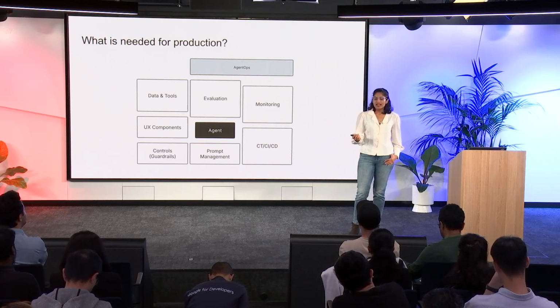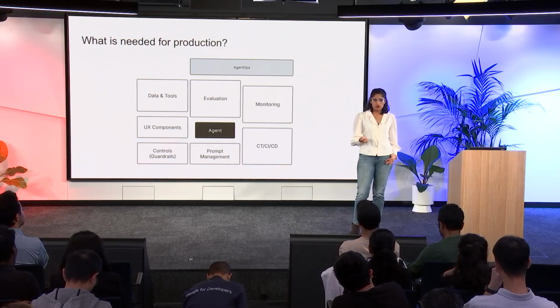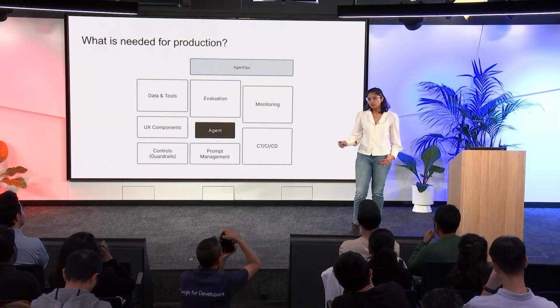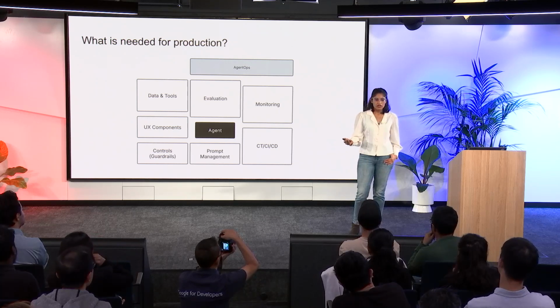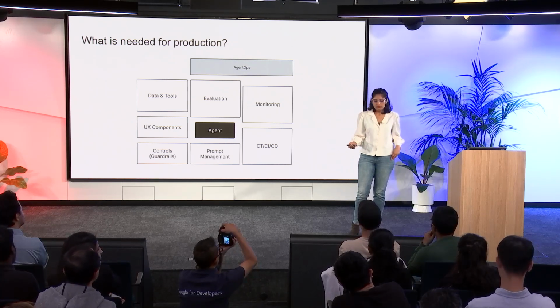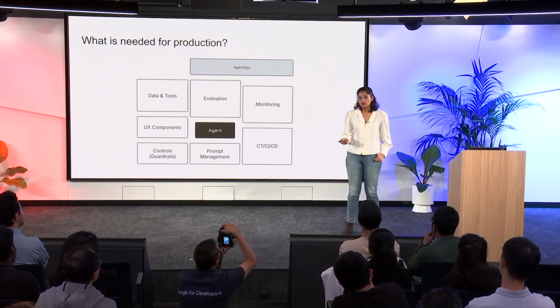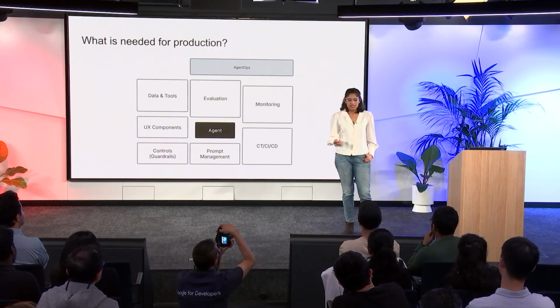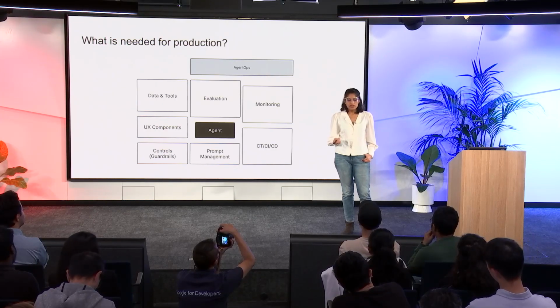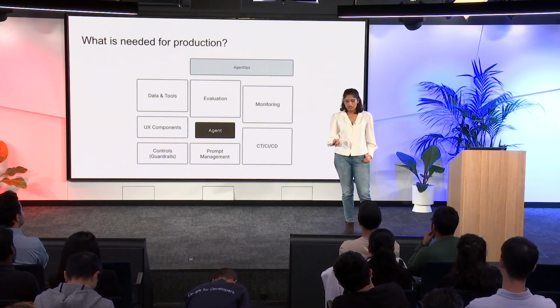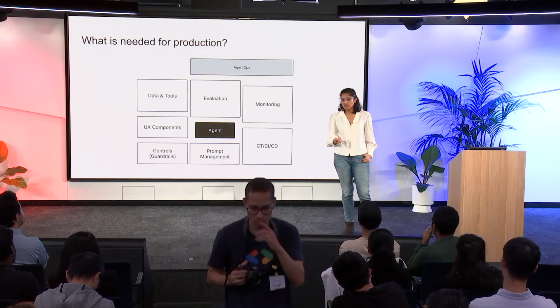Right now we have seen agents mostly as chat assistants or chat support, but there are a lot more ways you can develop an agent and make it available to your users. And then controls or guardrails, which we'll touch upon a little bit. But today's focus is mostly going to be on evaluation, monitoring, a little bit of CI/CD, and we'll be talking about tools registry a little bit.